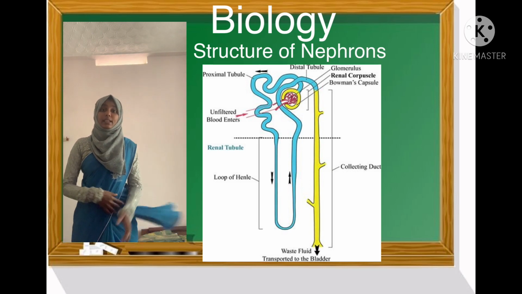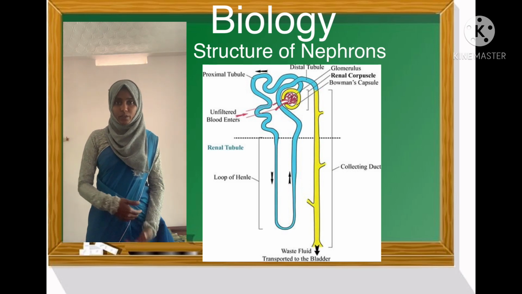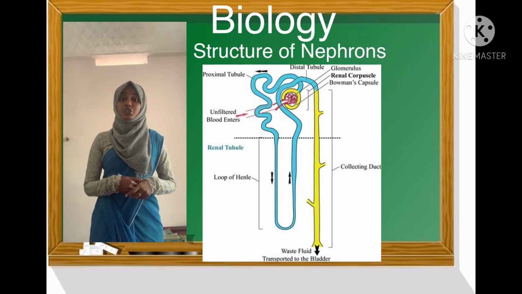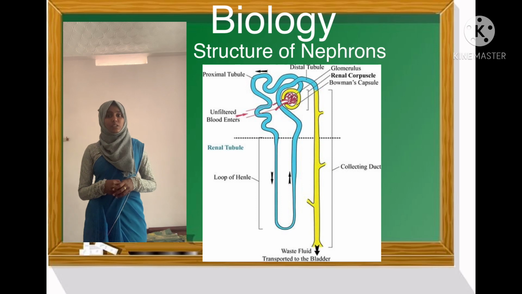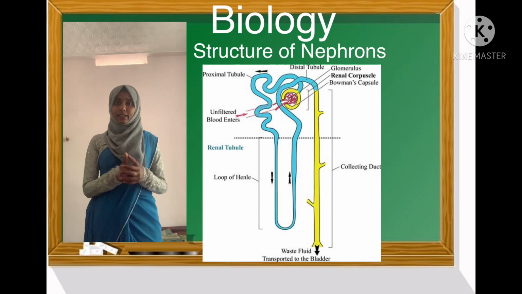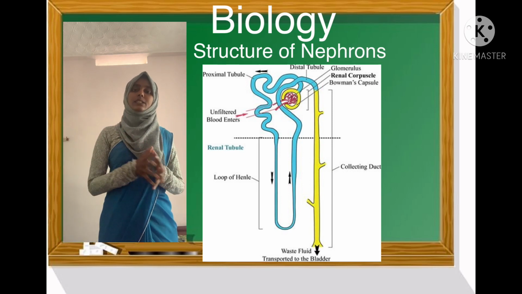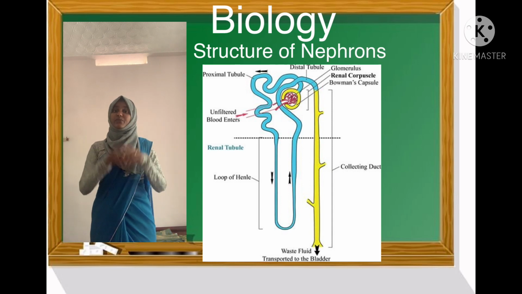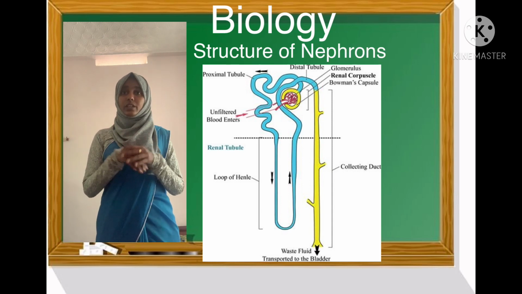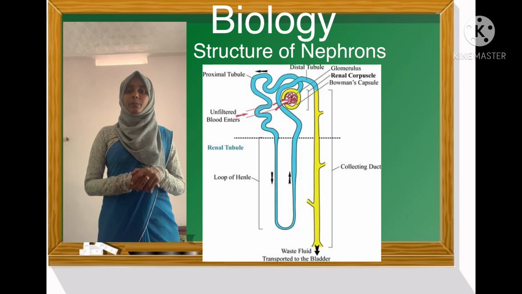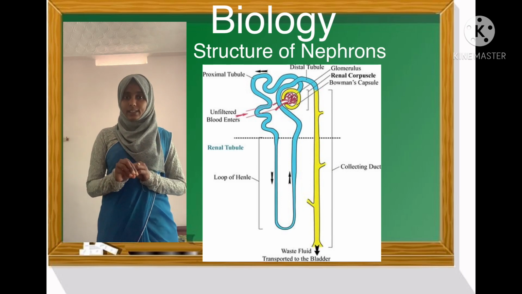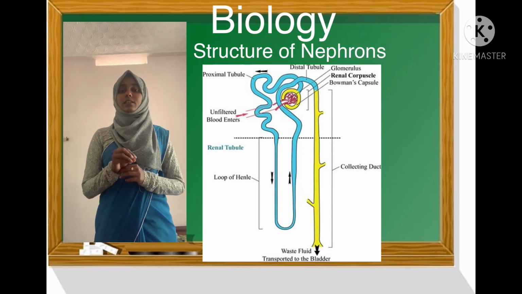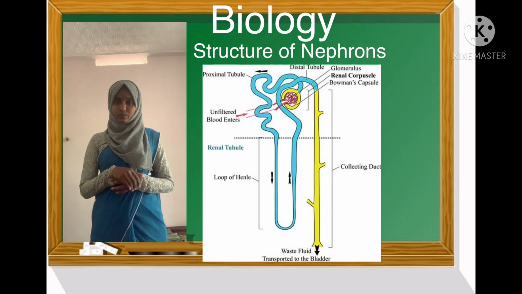It absorbs the essential nutrients and essential elements from the blood and eliminates the waste materials. So this ultrafiltration takes place in the kidney, and it is done by the nephron.